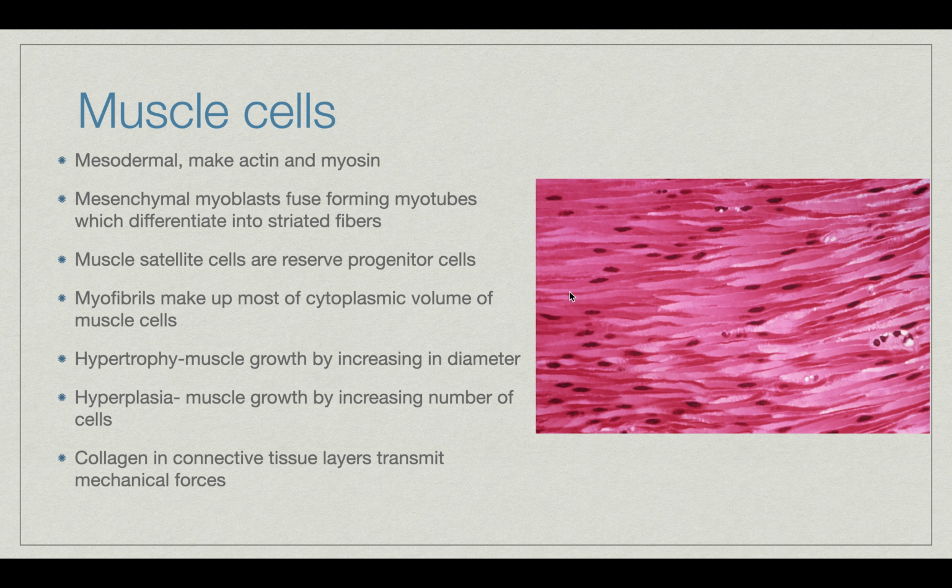the muscle. The myofibrils make up most of the cytoplasmic volume of the muscle cells. And hypertrophy is muscle growth by increasing the diameter of the filaments, and hyperplasia is muscle growth by increasing the number of cells. So hypertrophy happens after the body has reached adulthood, when there's no more development, right?